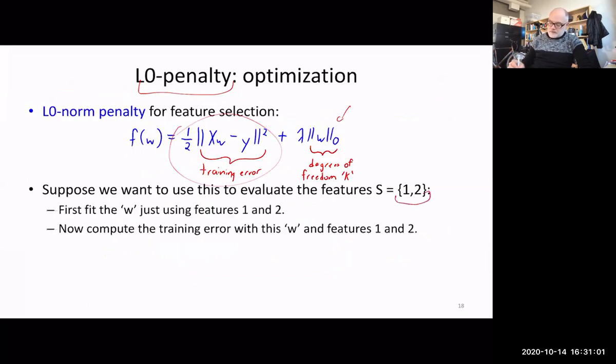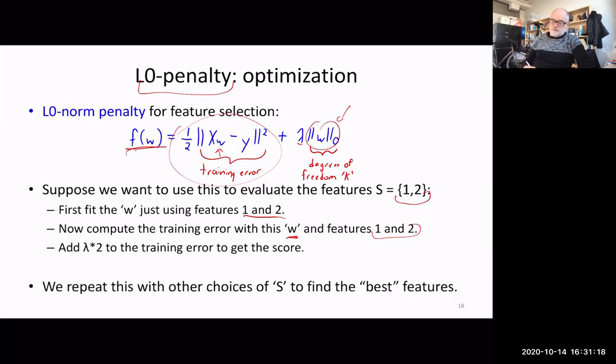We fit W using just features 1 and 2, and we compute the training error with this W and the features 1 and 2, obviously, because that's what we did. And then we add lambda times 2 to the training error to get the final score. And we can repeat this for other choices of S to find the best or most relevant features, okay?